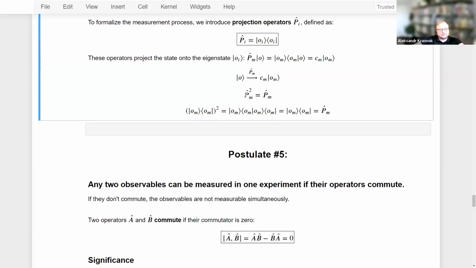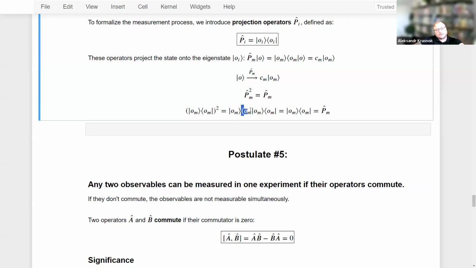It has a property that if you apply this projection operator twice, it's simply equal to the projection operator itself. Again, it's straightforward to show that. You write the square of this operator, operator times operator.